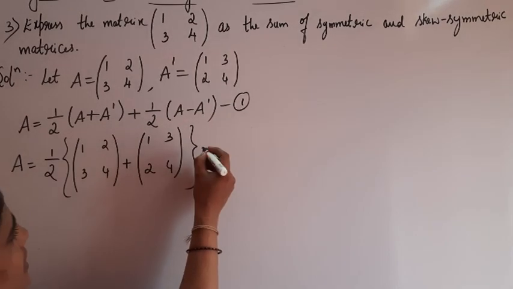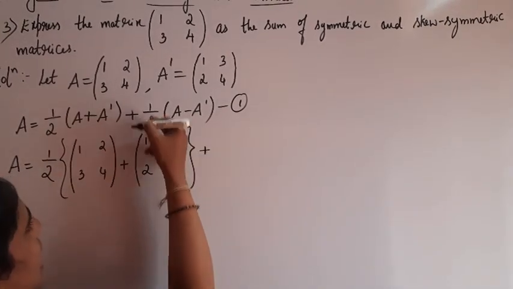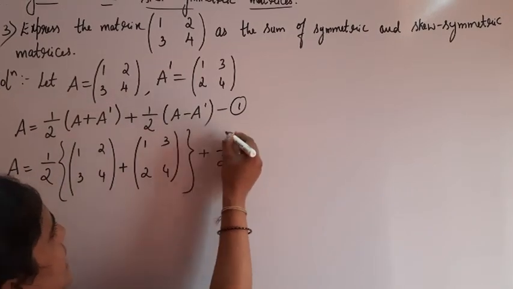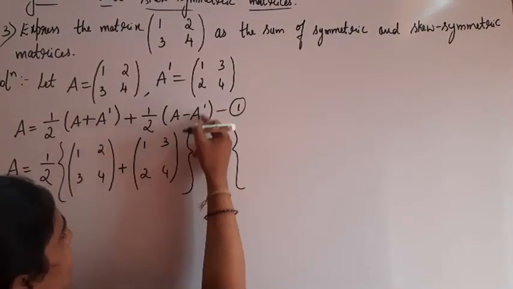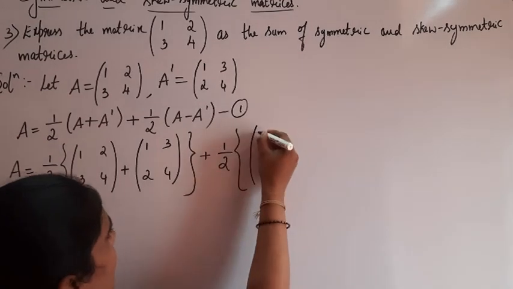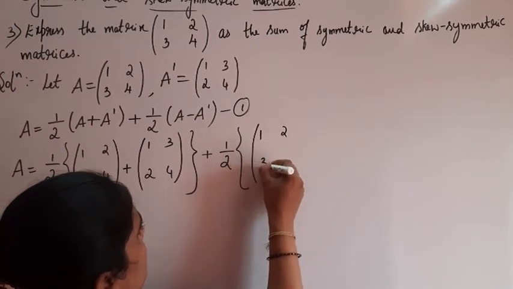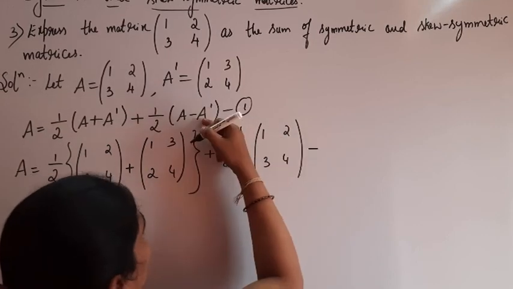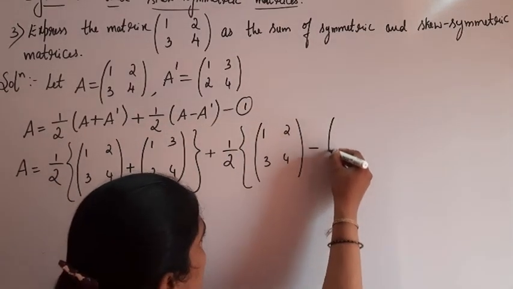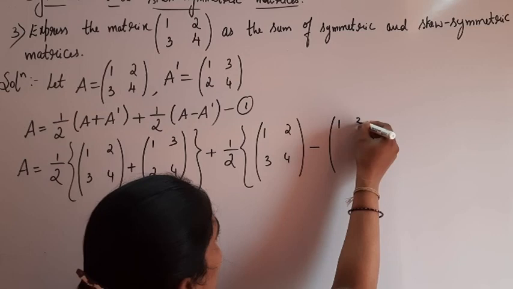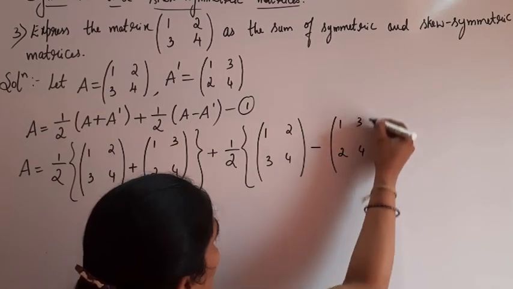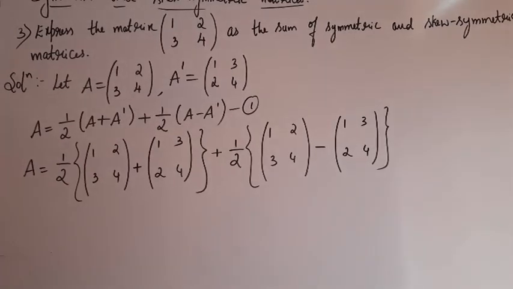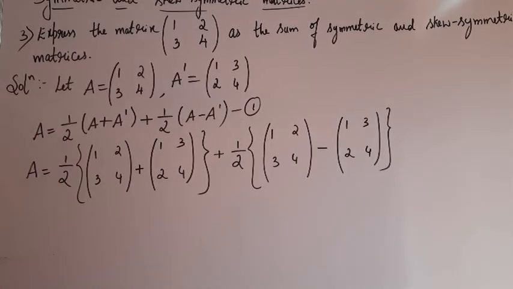Next plus half into, again 1 by 2 into A minus A transpose. Again A is matrix 1, 2, 3, 4 minus A transpose. So transpose of A is 1, 3, 2, 4. So we can directly substitute the matrices in equation 1 also.